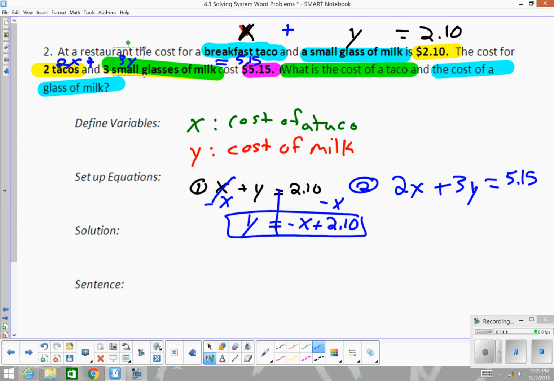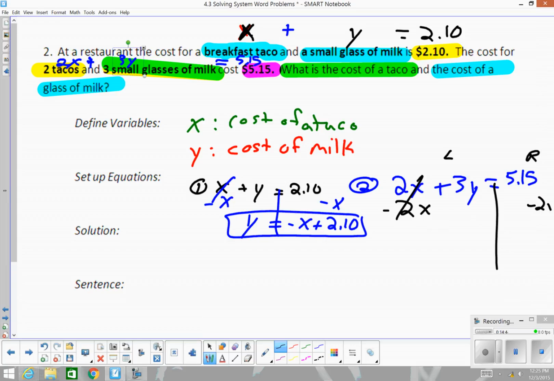And my second equation is going to be, let me change my color. Okay, good. Now this one I have to move a couple items. I need to move the 2x and I need to move that 3. So I need to move that 2x first by subtracting 2x.